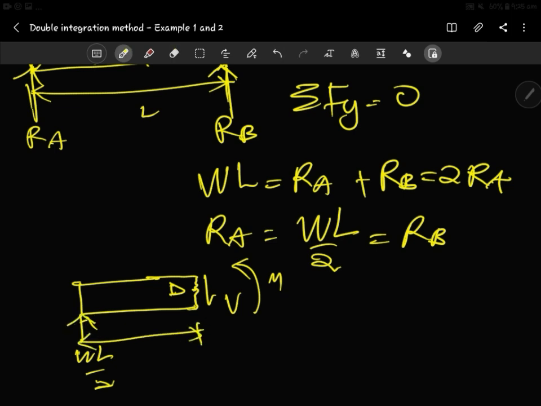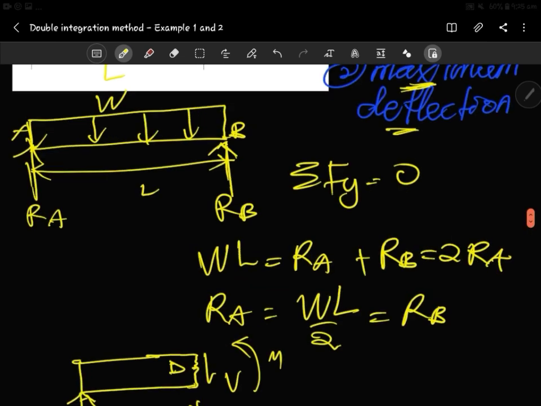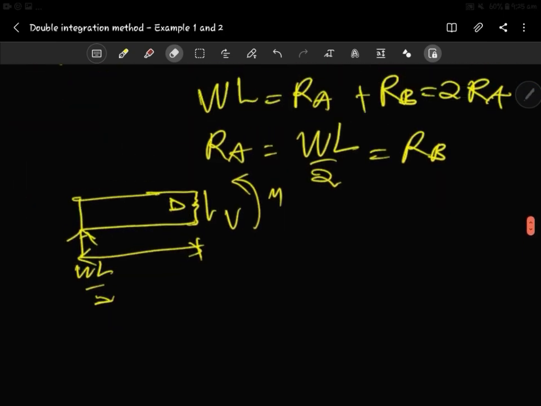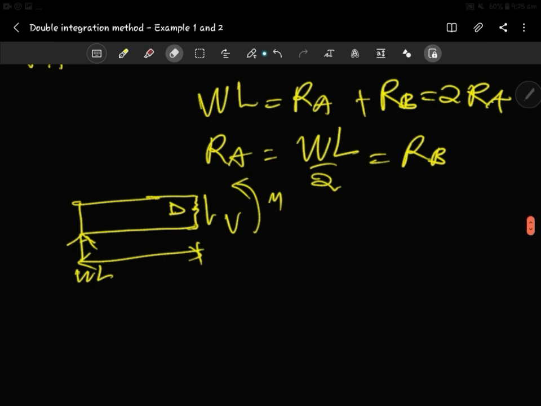We know that this linear distributed force is usually considered as acting at the midpoint. So it will be somewhere midway along this section of length x.